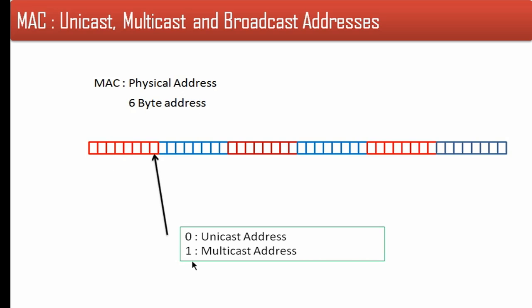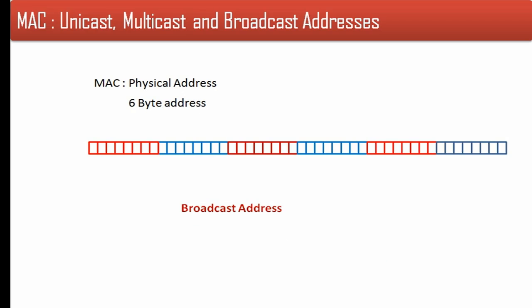If this bit is 0, it means it is a unicast address, but if it is a 1, that MAC address is a multicast address, and there is a group of members which are supposed to receive that packet.